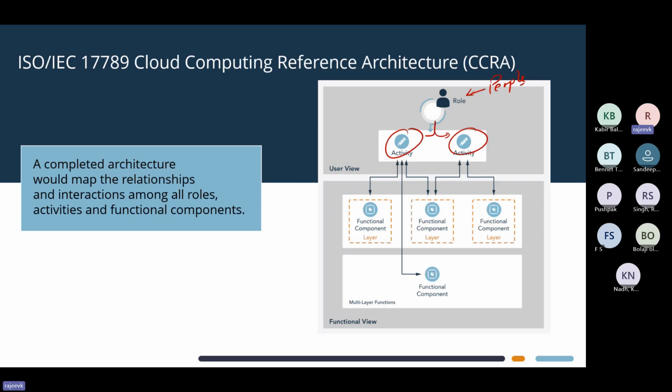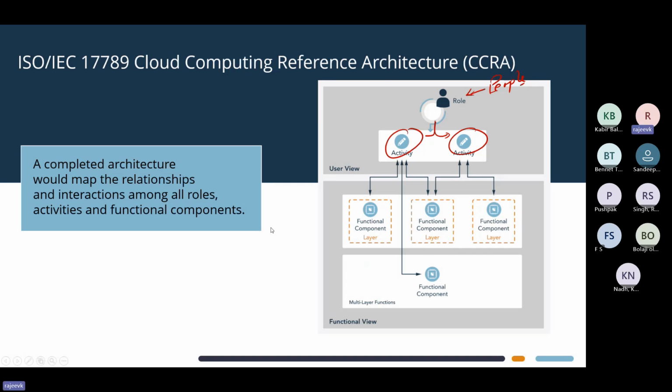Different roles are going to have different activities. So we have one role, then the different activity performed by the role, and the function, which could be technical or process oriented. In architecture, first we decide what exactly the people are, and based on that, what activity those people are going to provide.